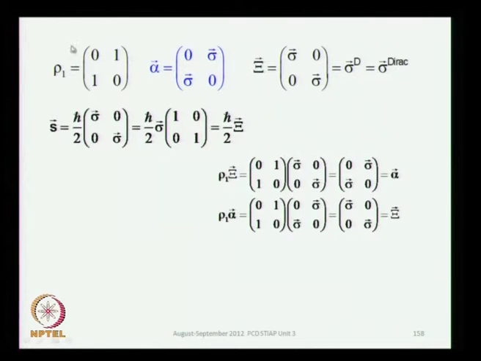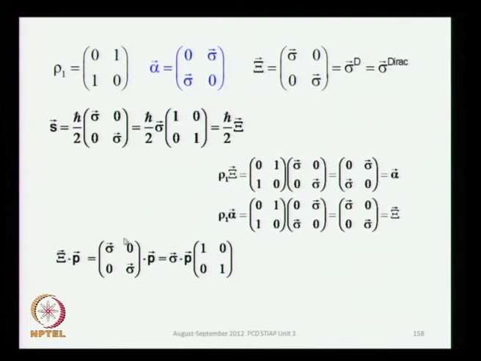Dirac sigma is the 4 by 4 matrix operator, Pauli sigma is the 2 by 2. Okay, so that is the essential difference. And this matrix rho is 0 1 1 0, and rho sigma gives you alpha and rho alpha gives you sigma. Okay, alpha is the Dirac matrix, which is 0 sigma sigma 0, that is the alpha matrix.